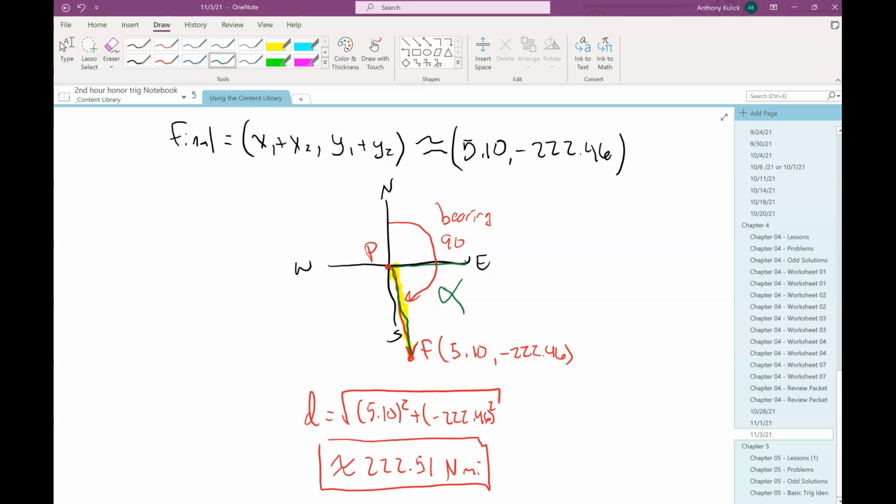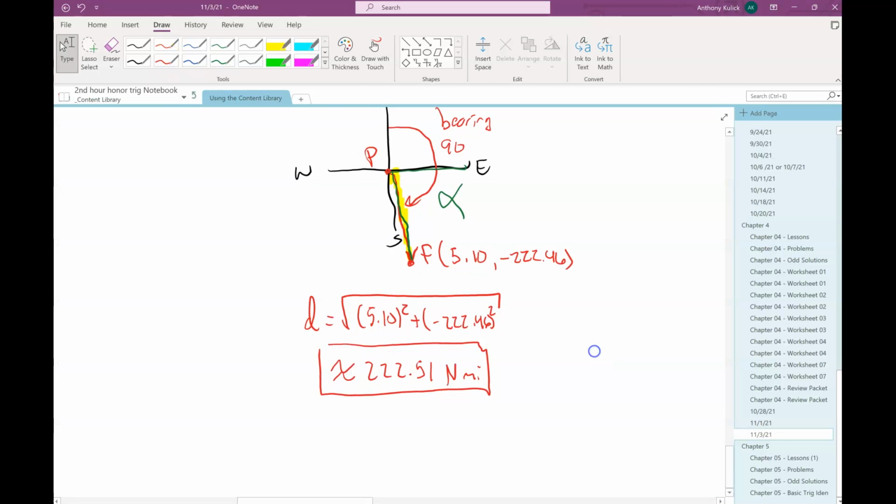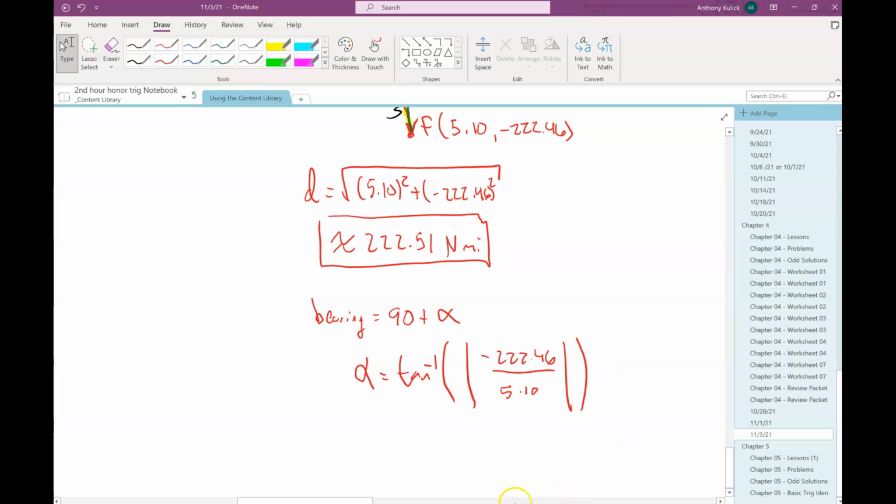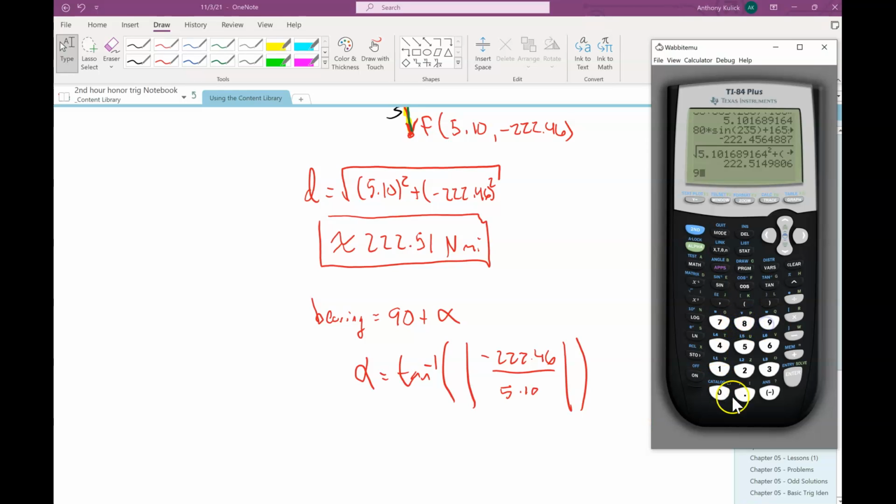The question should be, should we be using sine, cosine, or tangent there? Tangent, because we know the x's and y's. Maybe let's write alpha, where alpha is tangent inverse, the absolute value of y over x, and then it's calculator time.